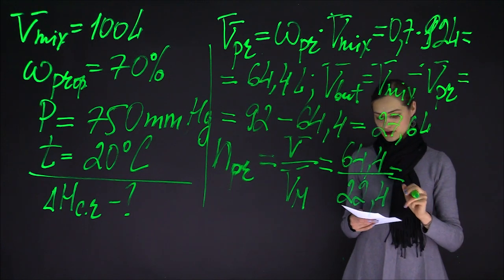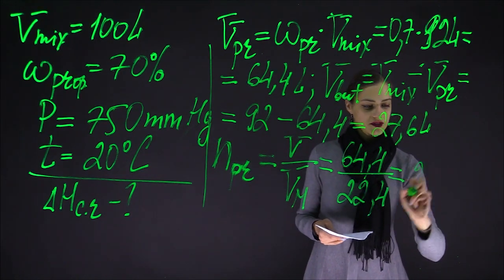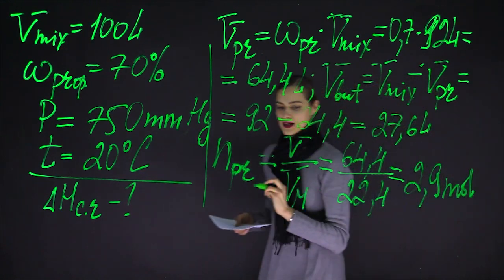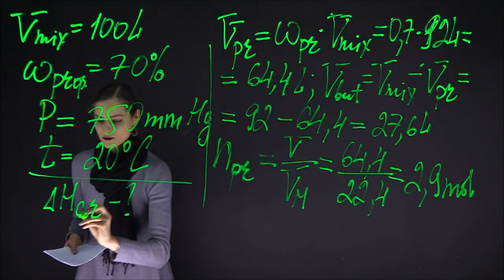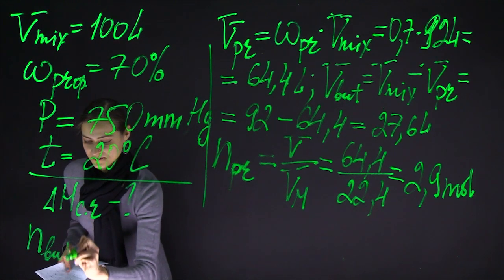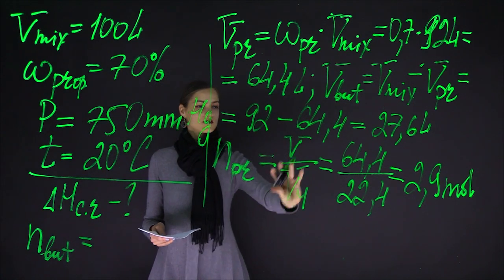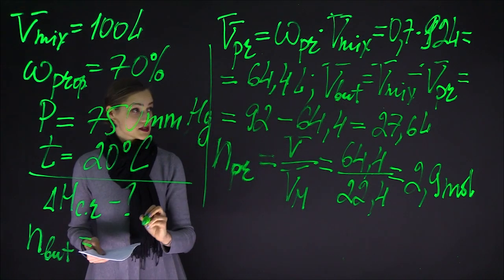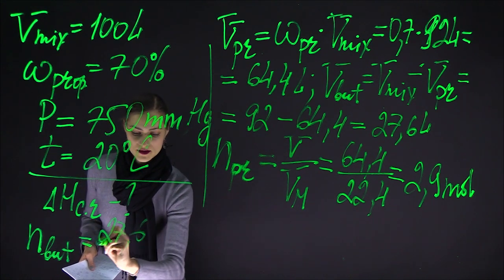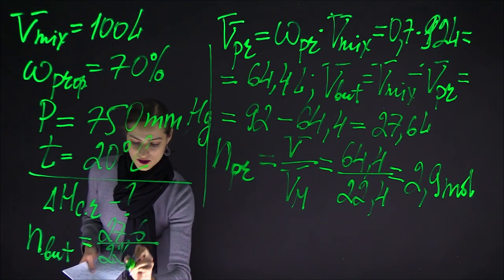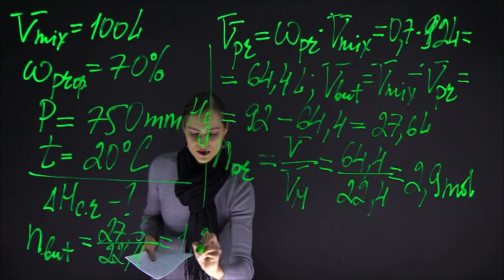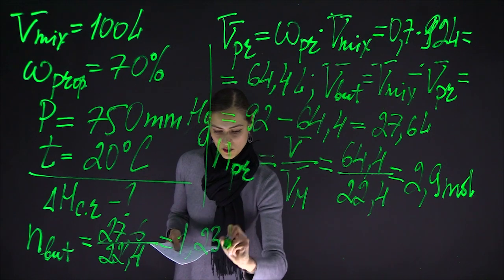So here we have approximately 2.9 moles. And for the next gas, the same formula, the same ratio, but now we divide 27.6 over 22.4, and it gives us approximately 1.23 moles.